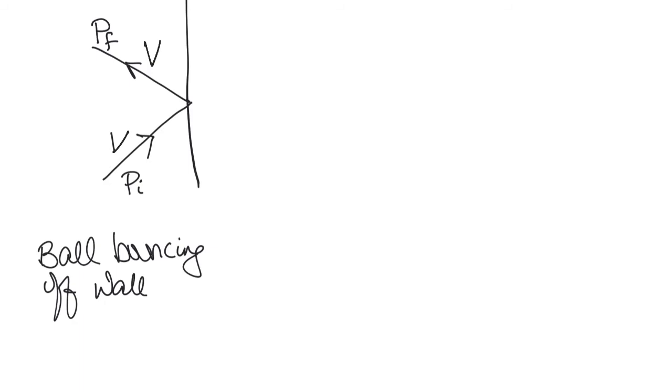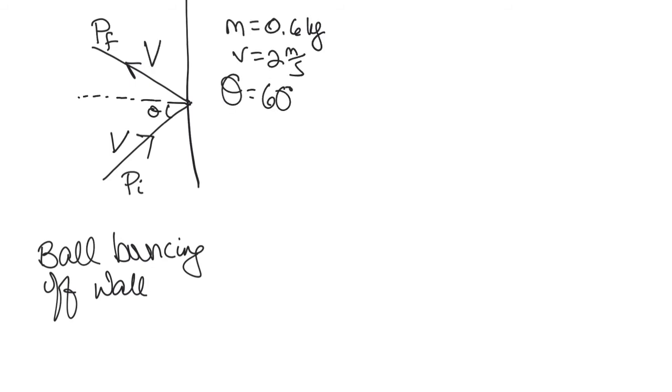Just for a thrill, I'm going to give you some numbers. I know you haven't seen me use numbers, but wouldn't that be fun? Let's name this angle, and say it's 60 degrees.